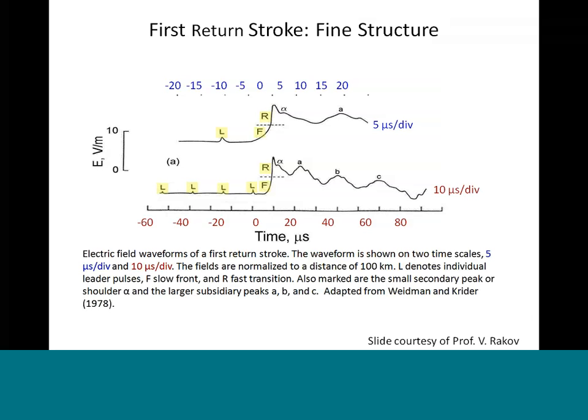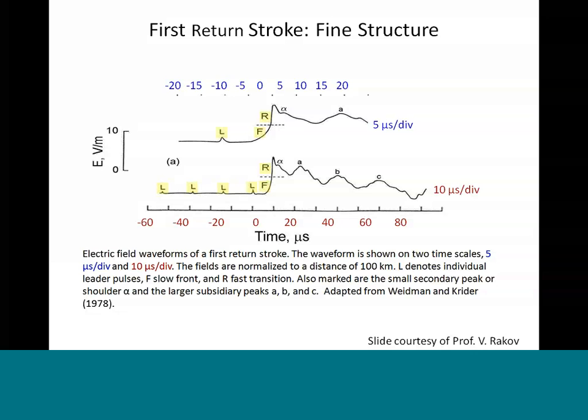Usually, we want to characterize first and subsequent return stroke currents from a fine structure. We usually have some leader path shape, which we call L, and we have a slow front and a fast transition called R. So we have here some orders of microseconds.